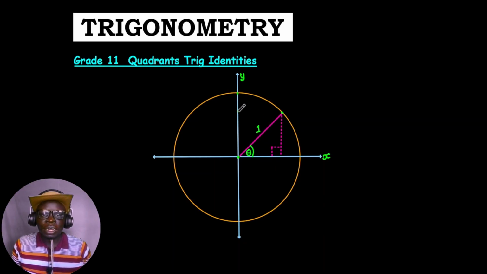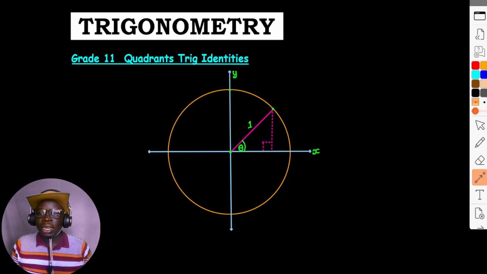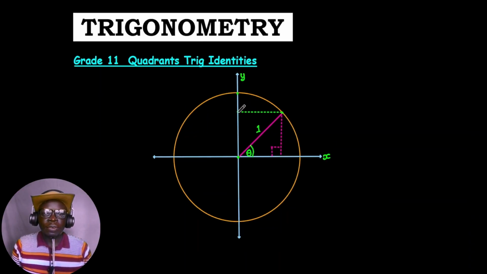So this is just like moving from this point there. Maybe we can trace it also to that vertical axis using our dotted line again. Now, if this is our point, we trace it to this direction. The distance from this point up to here is the same as the distance from here up to there. And what we know is when we resolve this along the x-axis, it is cos.